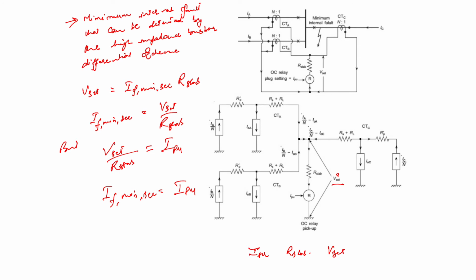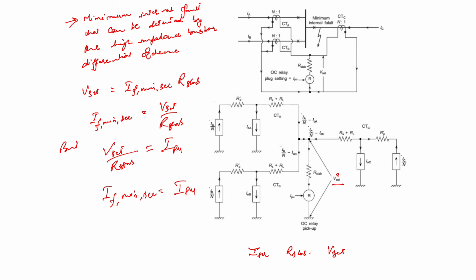Now here in this figure you can see that during the internal fault all the CT secondaries feed the spill current, and the current for the minimum internal fault in the high impedance spill path is what we have to calculate.